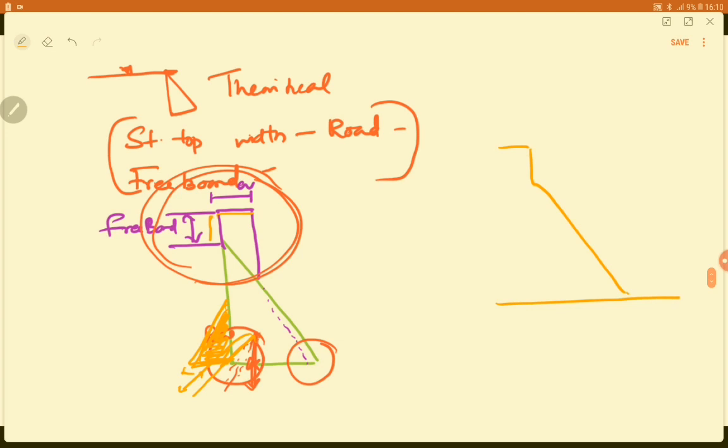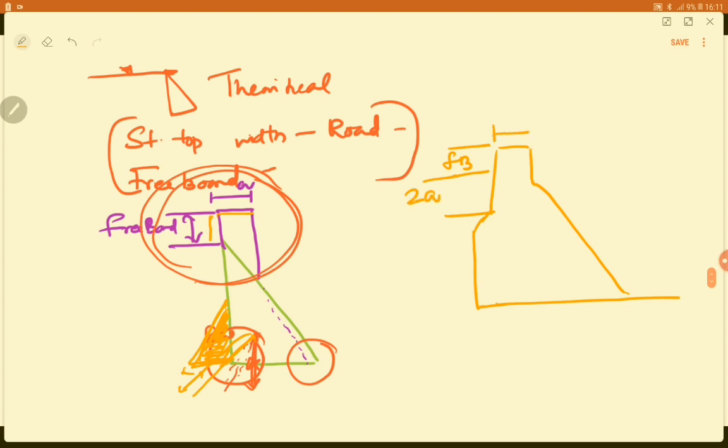And then after giving the freeboard and the roadway, now you have to give some extra masonry. How long you have to provide the extra masonry, all those things you can find out using the dimensions. If this is the freeboard, this distance will be equal to 2a.